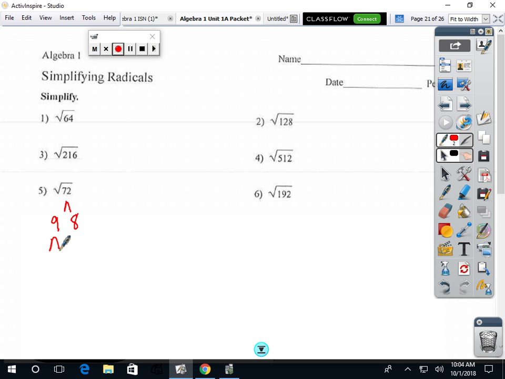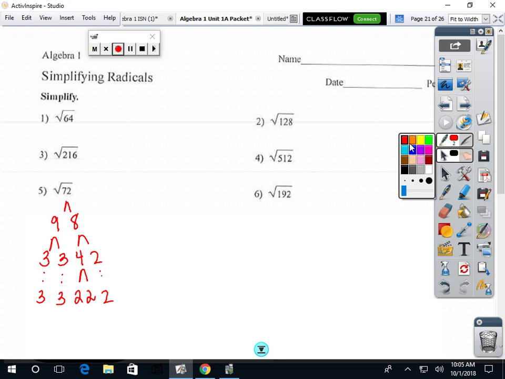What are numbers that multiply to make 9? 3 and 3. What are numbers that multiply to make 8? Okay, 3's prime, so it just drops. Both of those do. 4 breaks down into another set of 2's, and then this 2 is prime, so it just drops. So now we circle any pairs that we have.